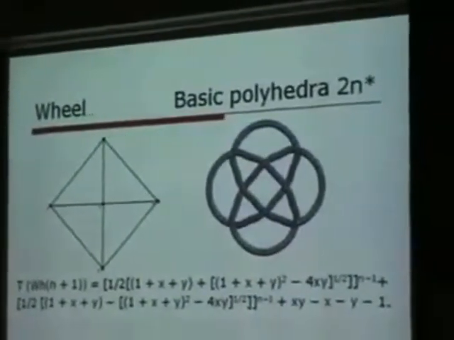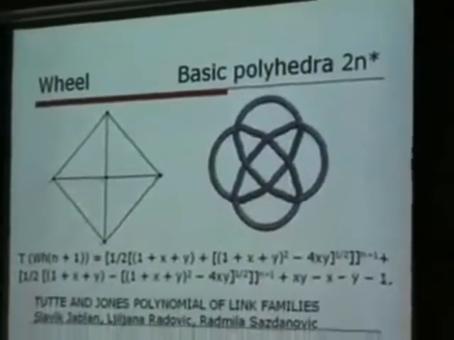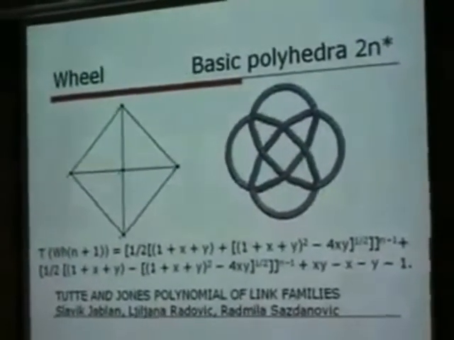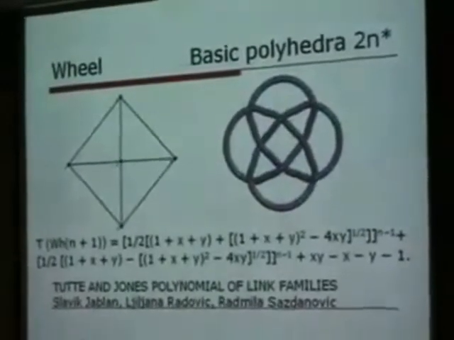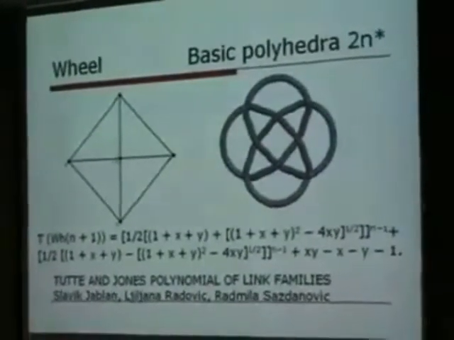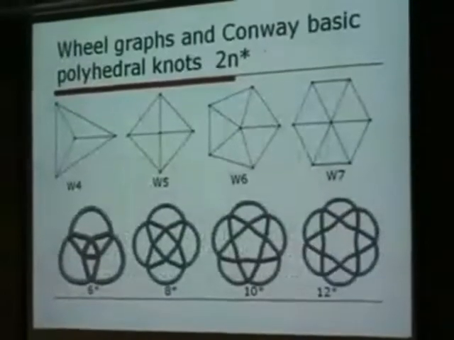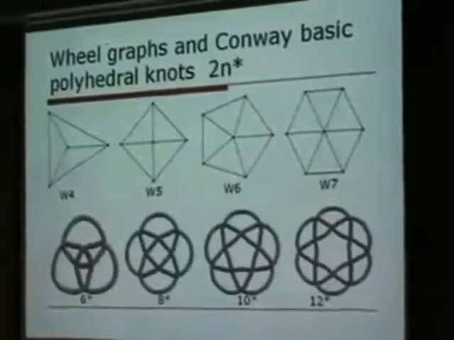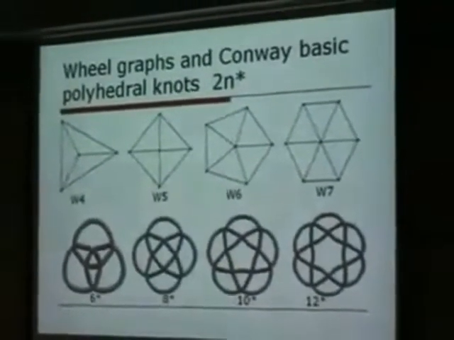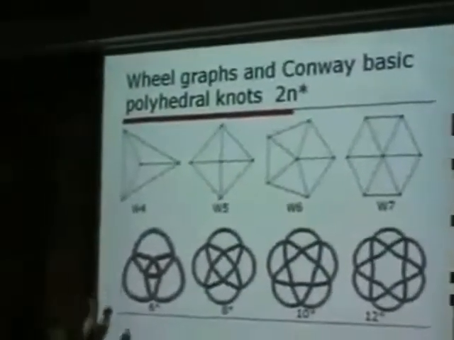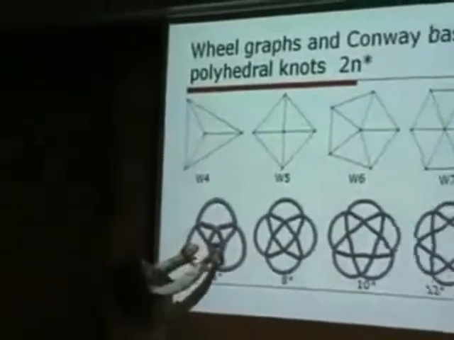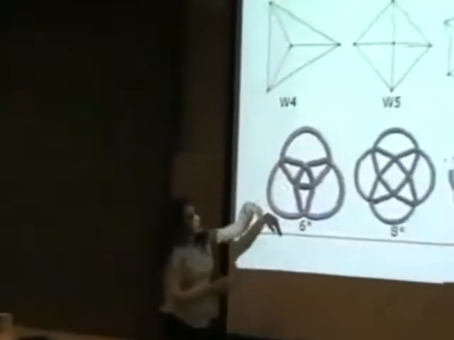And here's a general formula for the Tutte polynomial of its graph, and the rest of the formulas are in the paper, Jones and Tutte polynomials of link families, which can be found on arXiv. So here's the correspondence: for a basic polyhedral knot 6 star, this is the corresponding graph. So here's one vertex, second, third, and fourth, and so on.